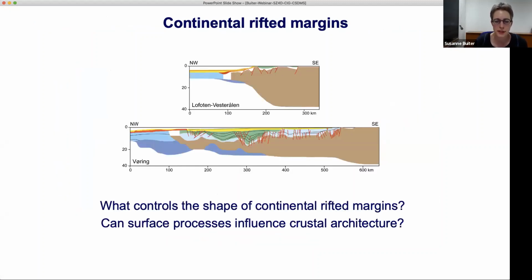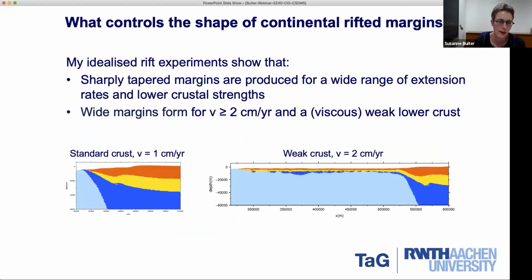So these were the questions I was asking in the beginning. So what controls the shape, and can surface processes influence crustal architecture? Now, what controls the shape? From my experiments, I see that a standard behavior seems to be to create sharply tapered margins, so sharp transition from continent to the ocean for most of the values of extension velocity and lower crustal strength.